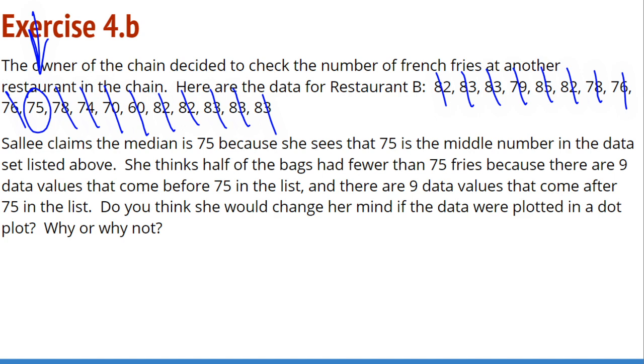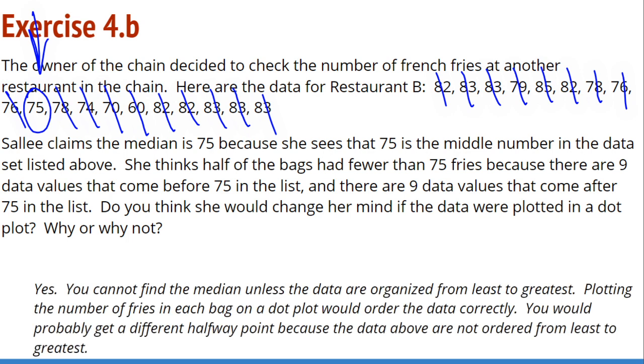Do you think that she might change her mind if she put this on a dot plot? Stop and think about that for a second. She is probably going to change her mind when she puts this on a dot plot because these numbers are not in order right now. Remember, clear back at the beginning of the lesson we said the numbers need to be in order from least to greatest.